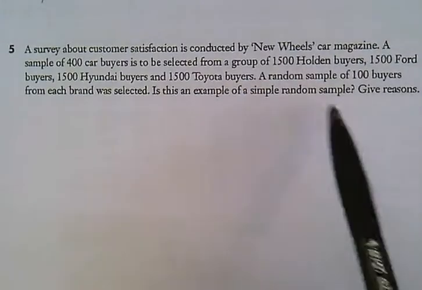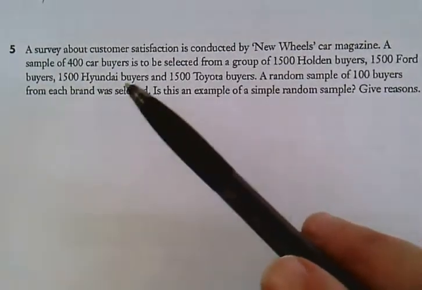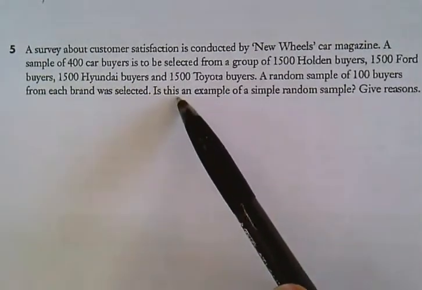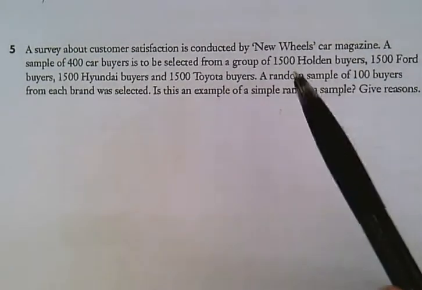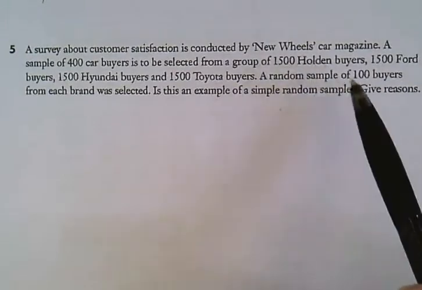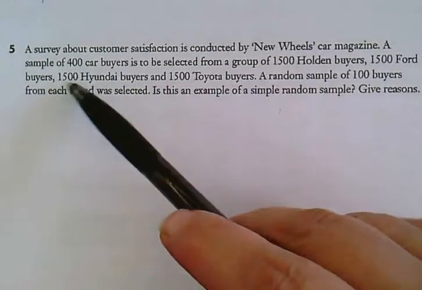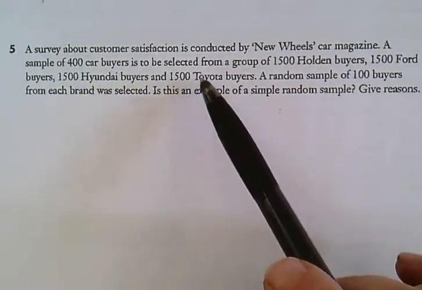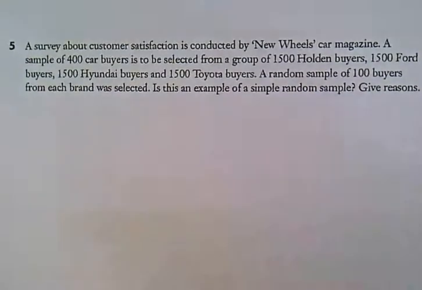Now it says a random sample of 100 buyers from each brand was selected. Is this an example of a simple random sample? Give reasons. So look, let's look at the numbers. There's 1,500 Holden, 1,500 Ford, 1,500 Hyundai, and 1,500 Toyota. 100 people from each brand.